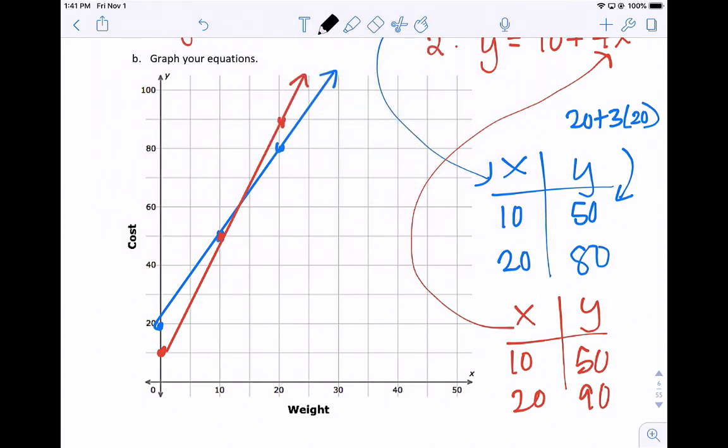Sorry, it's not there. It looks like it's about right here. But I didn't draw my line great, so let's try it one more time. Okay, that's better. Okay, so here's where it should intersect. We can see it from the table.